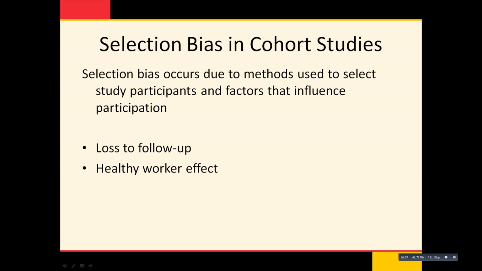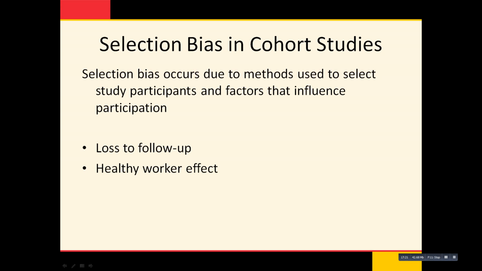The other bias to consider is the healthy worker effect. The healthy worker effect occurs in cohort studies because the general population consists of both healthy and ill people, right? So if you're comparing that to a relatively healthy working population, you will bias your study results.